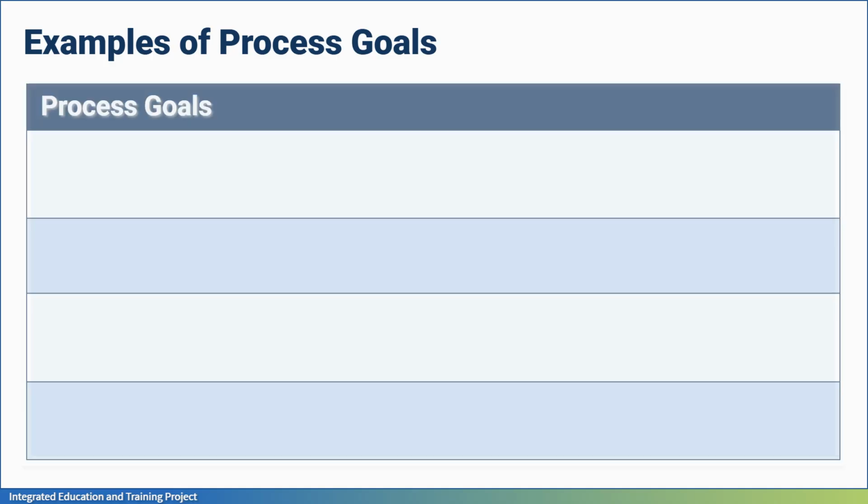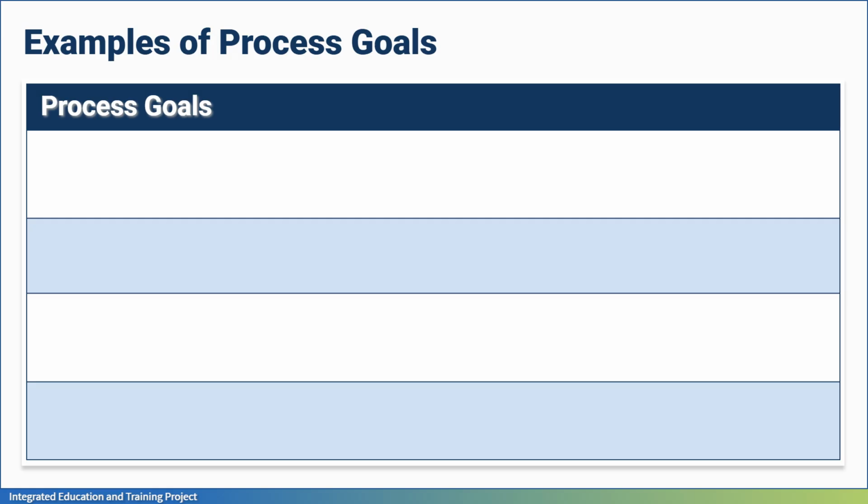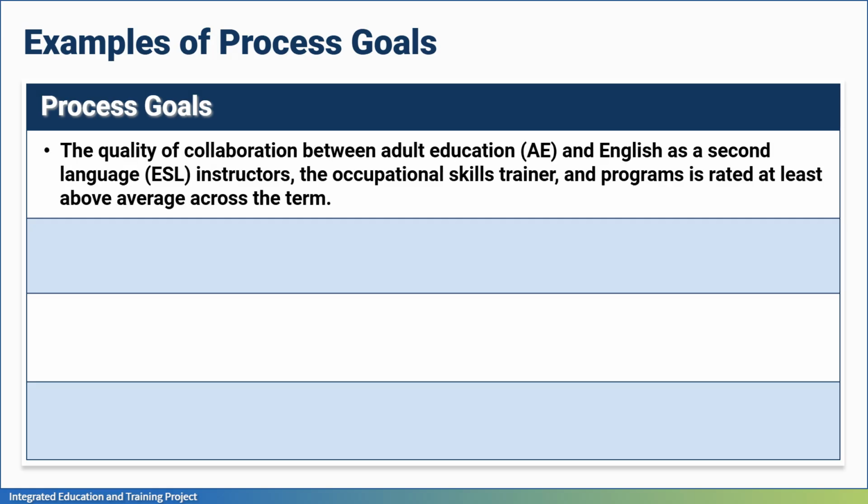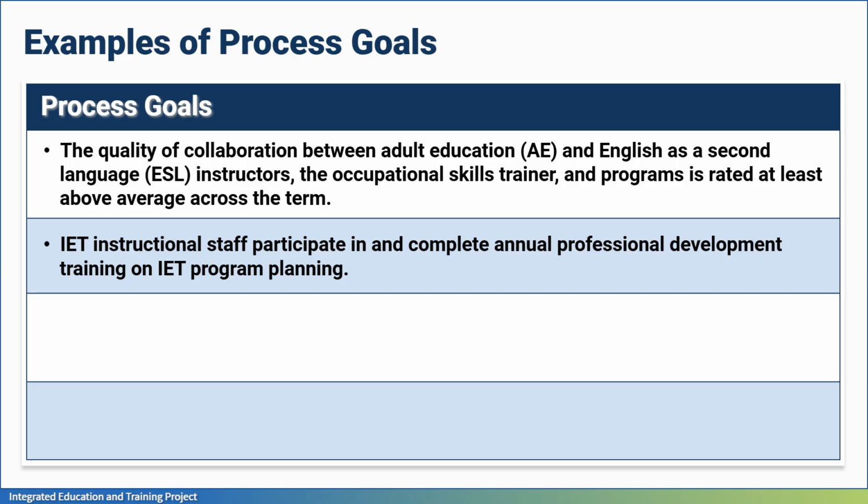Here are some examples of process goals that IET programs may set: the quality of collaboration between adult education, AE, and English as a second language, ESL instructors, the occupational skills trainer, and programs is rated at least above average across the term. IET instructional staff participate in and complete annual professional development training on IET program planning.